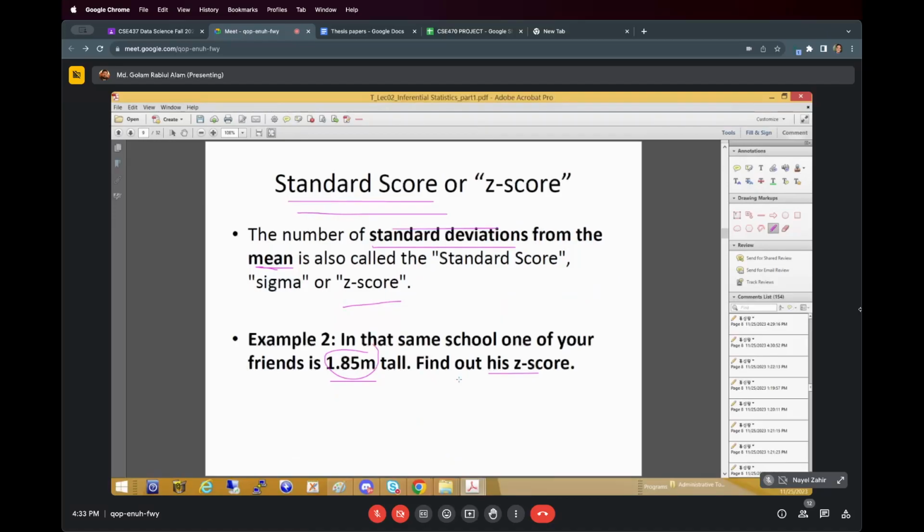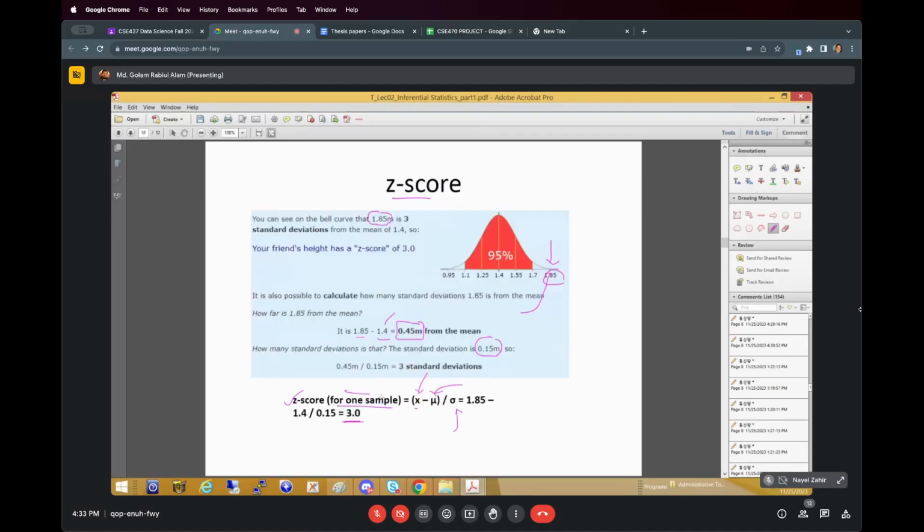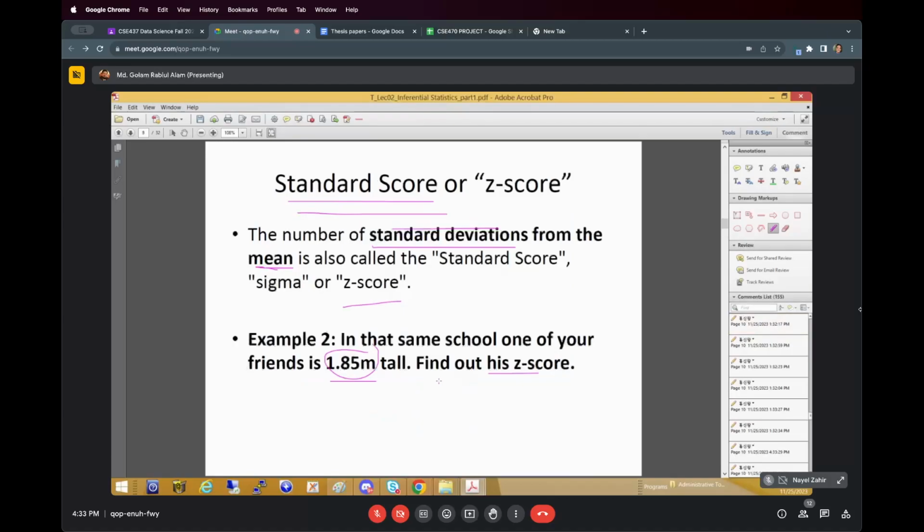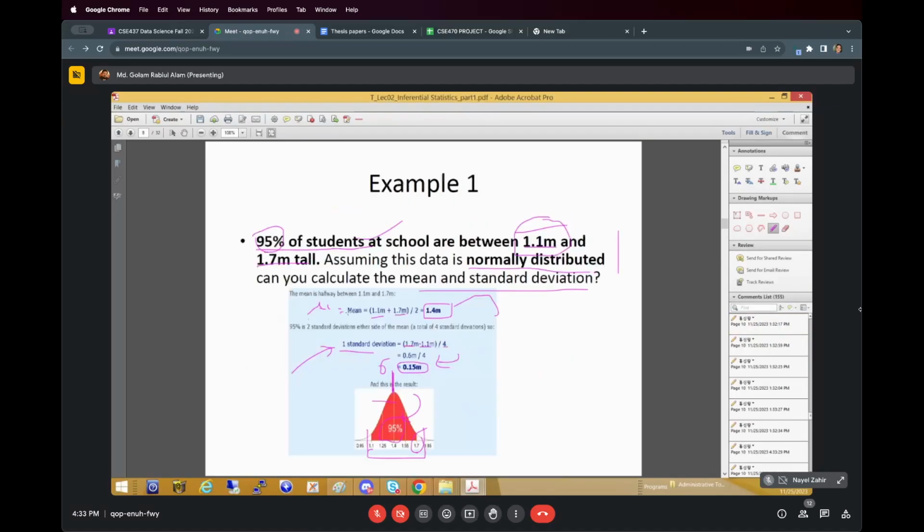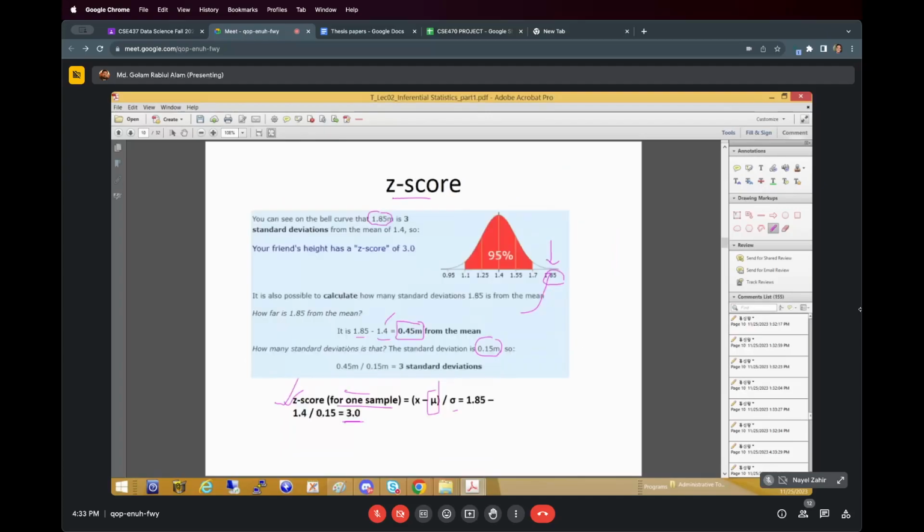To find the Z score, the equation is this: the Z score for a sample is x minus mu divided by sigma. We already determined the mu and standard deviation from our previous example.